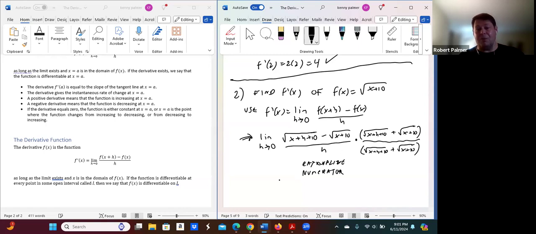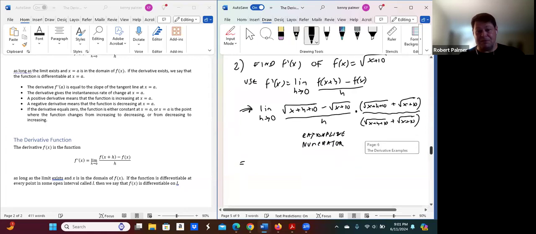Okay, now once again, the reason why we do that is this is basically a pain to do, is that what that's going to do then is allow us to cancel out the radicals or the square roots up top. And we still have the limit, don't forget that.